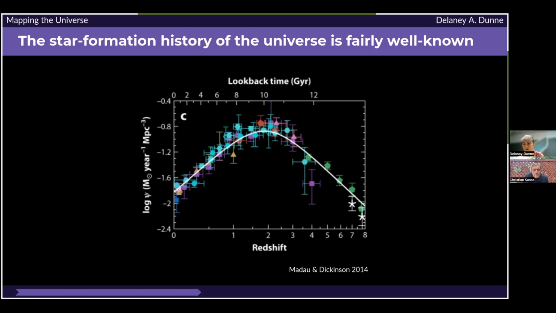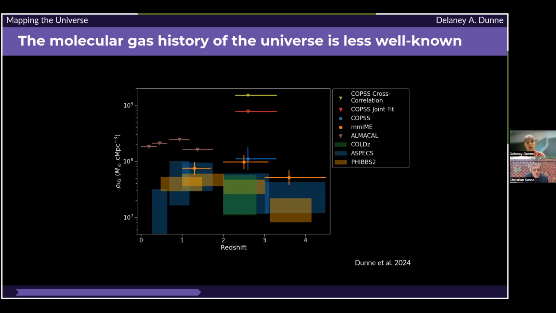And so we want to go to the fuel for how stars are made to sort of break that down and hopefully understand that. And this is actually much less well constrained. So there are a couple of reasons for that I'll get into, but basically this is the same plot where we have redshift on the x-axis, and on the y-axis we have the amount of molecular gas in the universe, the amount of fuel for star formation. And these big boxes are what we call traditional galaxy surveys.